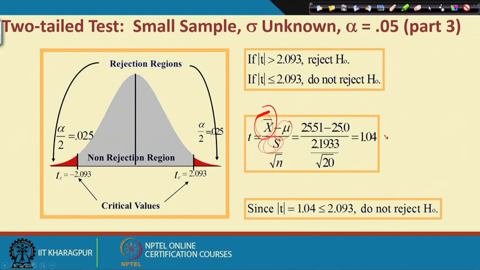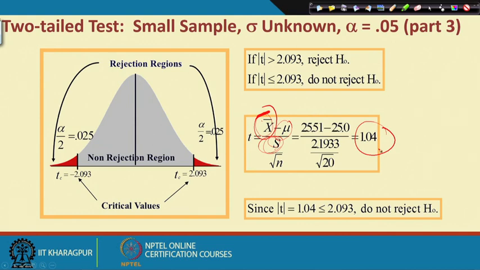As a result, the t calculated will be 1.04, like the z calculation. Then you have to see whether this t calculated is in the accepted zone or rejected zone, on the basis of the t tables where alpha equals 5%, under the two-tailed test, and corresponding to the degree of freedom 19.